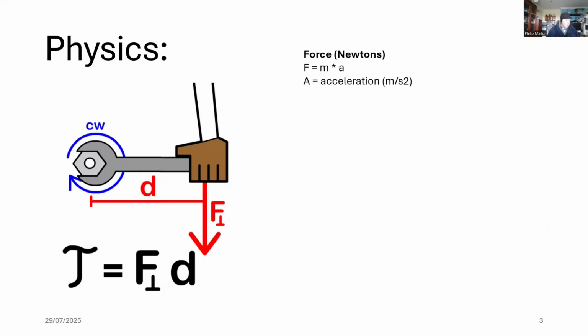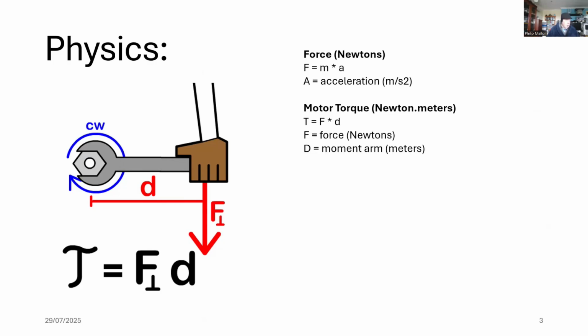In our fundamentals, we look at force, starting with a linear motion, just pushing an object on a surface, and that force equals mass times acceleration. Torque is the equivalent angular movement, and it is measured in Newton meters. Torque equals force times distance, and that distance is the moment arm.